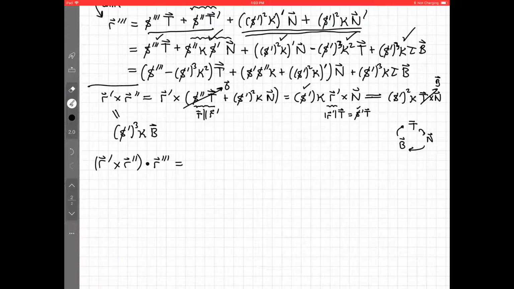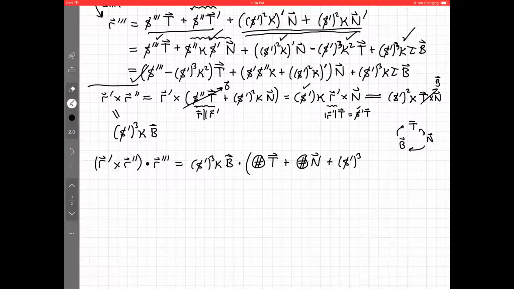All right, well, we know that's s prime cubed kappa B dotted with our big old mess for what r triple prime is. I'm just going to write it as stuff times T plus stuff times N plus, and then what actually matters, s prime cubed kappa tau B.